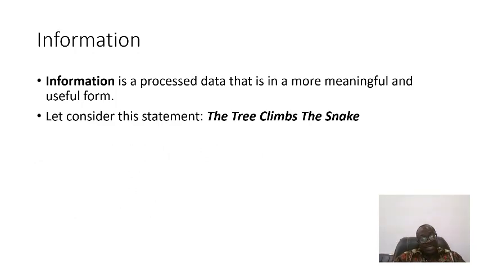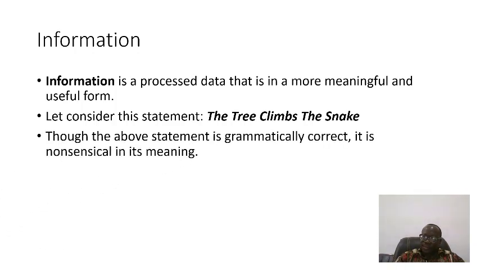Let's consider this statement. This is normal English. Let's see this statement saying, the tree climbs the snake. Is it wrong? No. Grammatically, we are saying that it's correct, because in English, we have subject, verb, object. The tree there is your subject, the climbs there is your verb, the snake there becomes your object.